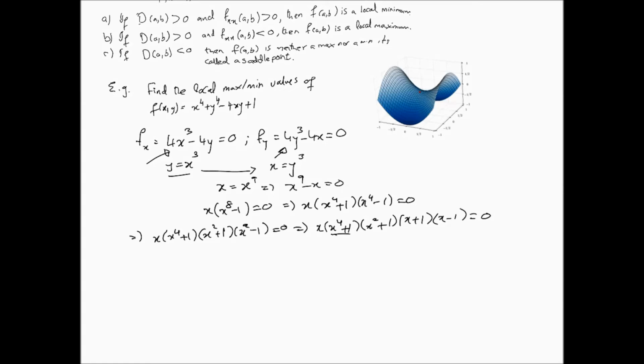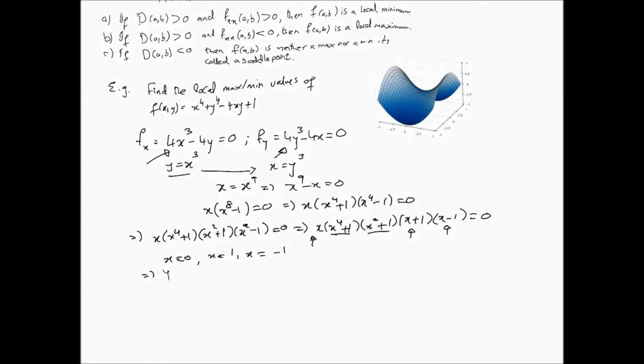Now, of course, this only gives you complex roots. This gives you complex roots. So the only three, that's this one, and this one, gives us real roots. So we get x is equal to 0, x is equal to 1, and x is equal to minus 1. So we get three values of x, and these three values of x give us three values of y.